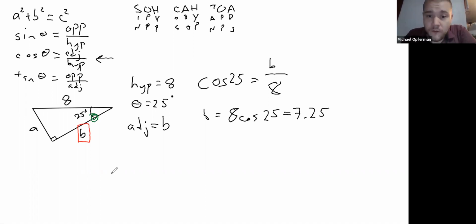What if we wanted to solve for A? Since A is opposite of the 25-degree angle, you could do it with sine of 25. This is the method I would recommend. So A is 8 times sine of 25. You put in your calculator, sine of 25 times 8, and I got 3.38.